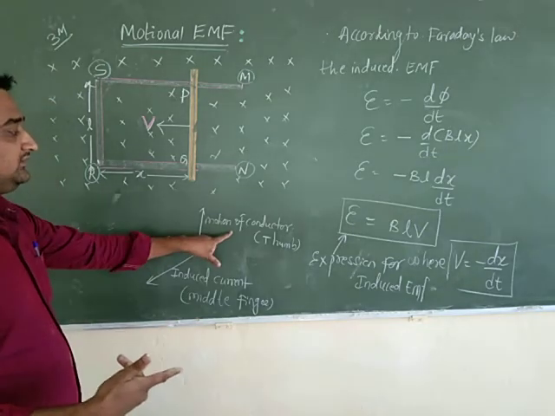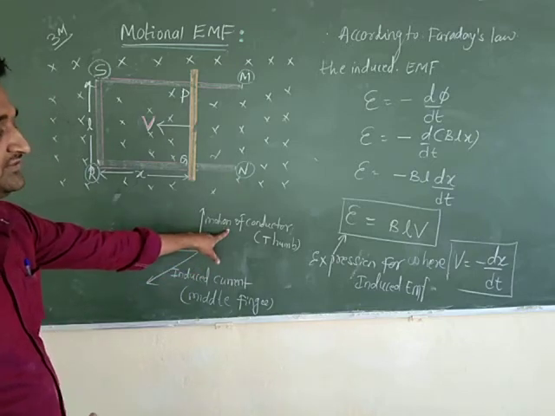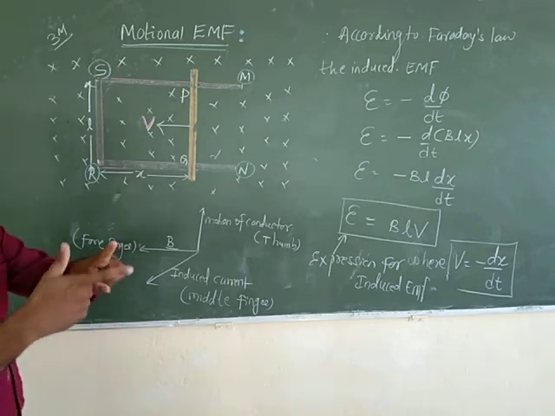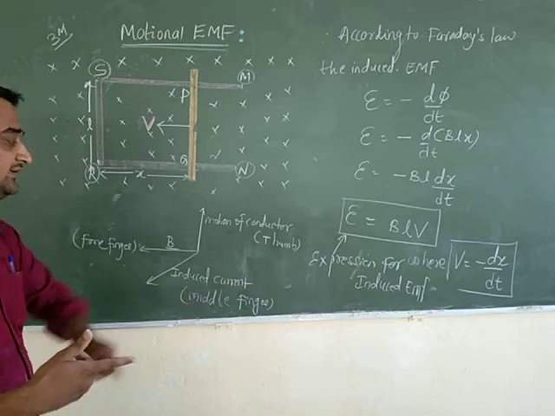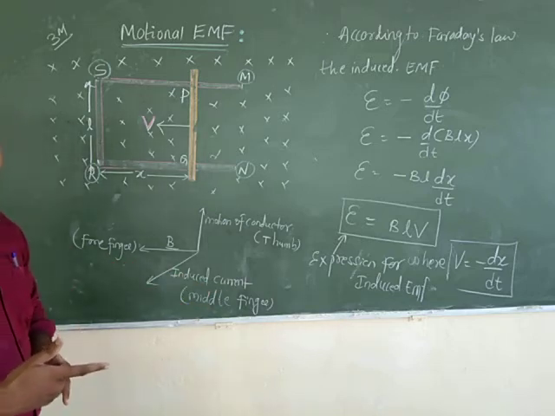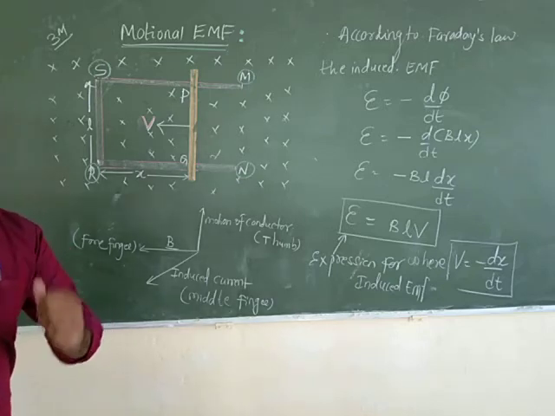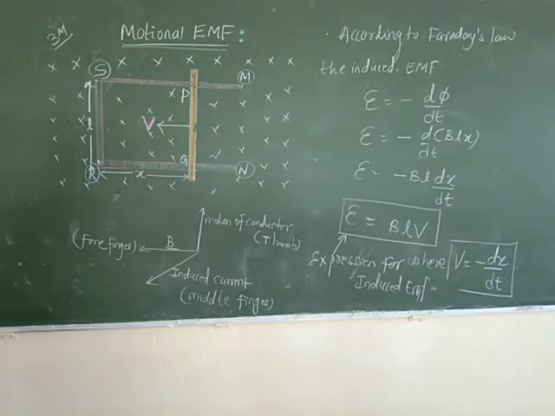The thumb points in the direction of the motion of the conductor, the forefinger gives the direction of the magnetic field, and the induced current is determined by the middle finger. In whichever direction the middle finger points, the current is induced in that direction. We find this by using Fleming's right hand thumb rule, also called the generator rule.